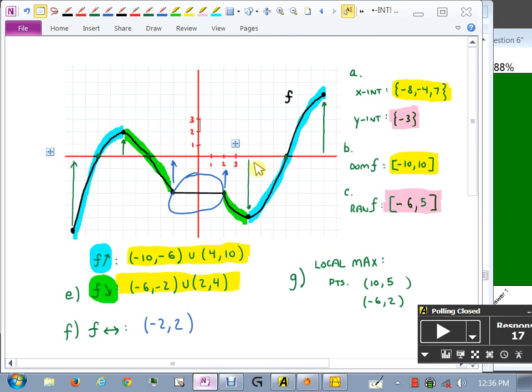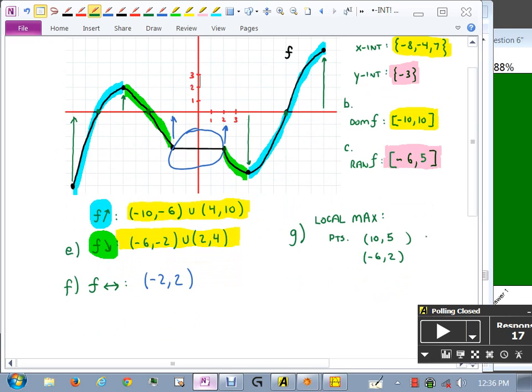Which one? 10, 5? I'm looking at this. Remember, these are points, okay? These are x and y coordinates. These are not intervals, okay? So if I go out to the right 10 and go up 5, that point corresponds to a local maximum. This one right here, negative 6, 2, I go to the left 6, up 2.